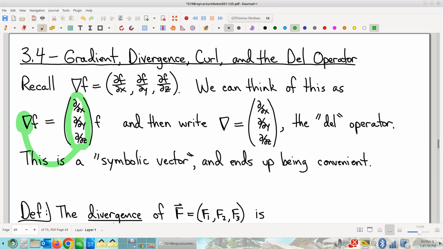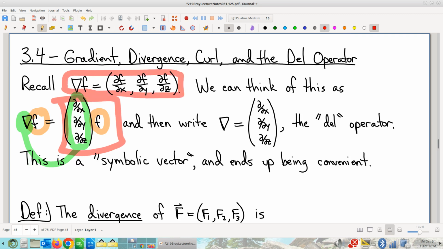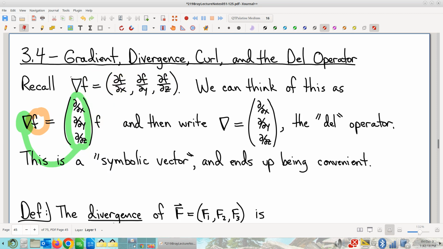This is a vector of partial derivative operators. And if you apply that to some function f, then notice what you get is exactly that. So the idea is that we can think of del as an independent, separate thing.